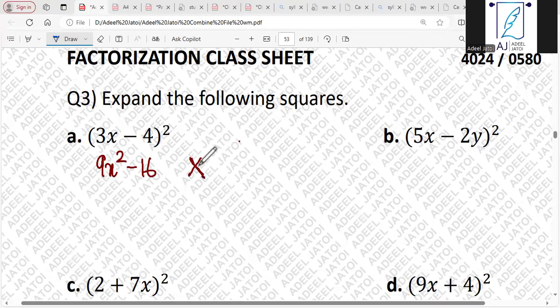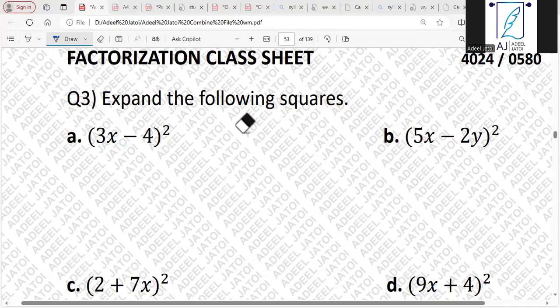And this thing is wrong. You do not open the whole square bracket with just squaring the numbers. Remember this. So there's a concept behind this, and the concept is very important for you to understand. So write everything down, whatever I'm writing, because it's important for you to know this.